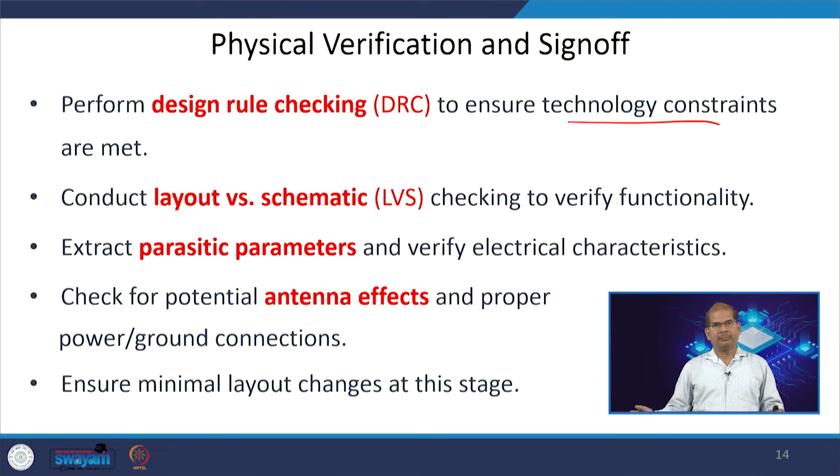Then we extract the parasitics and simulate whether the extracted netlist is functionally meeting my speed or not. Then we need to check the antenna effects and proper power and ground connections. Okay, all these things need to be checked at the stage of physical verification and sign off.